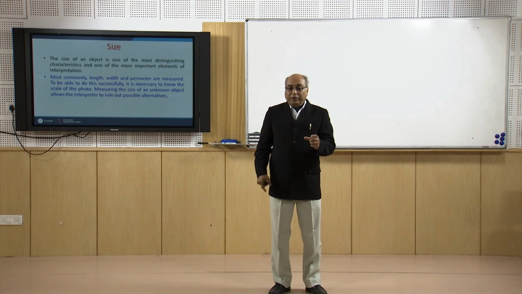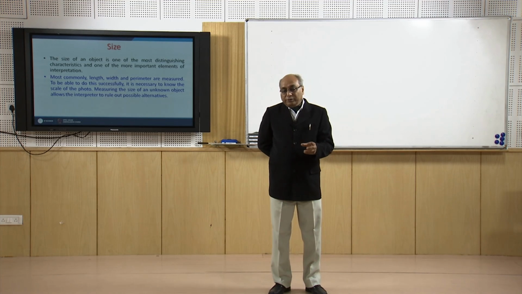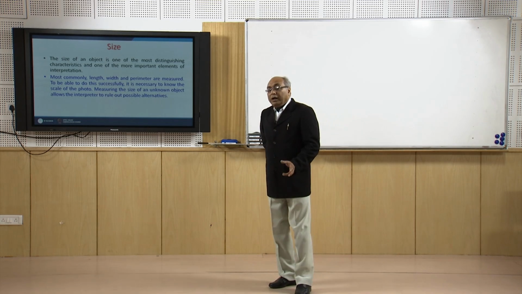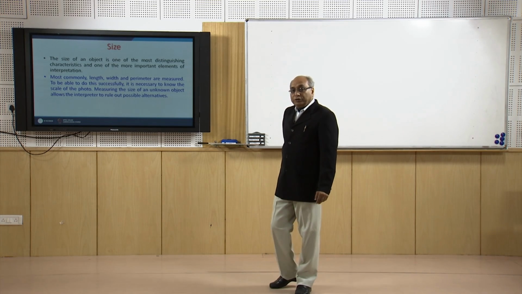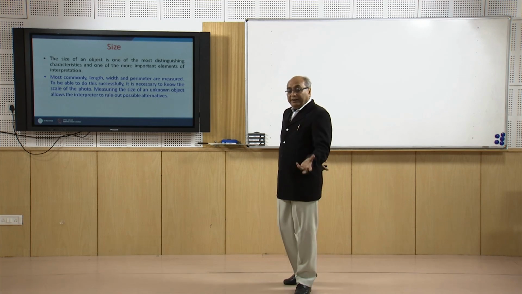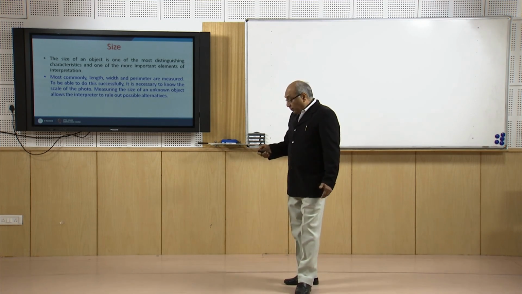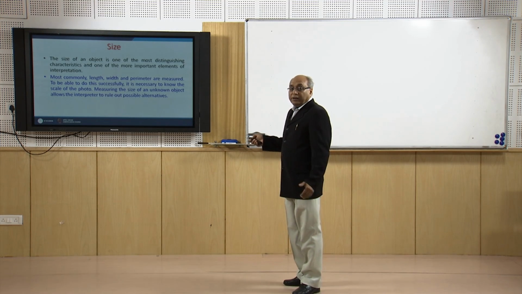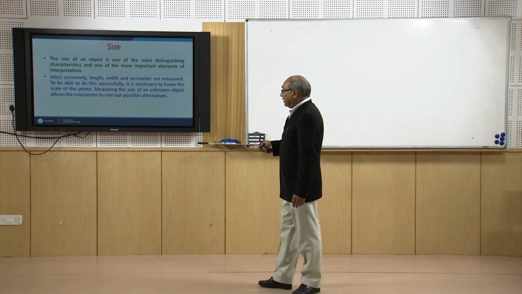If an object is very small and you have a satellite image with coarser spatial resolution like NOAA AVHRR, which has say 1 kilometer spatial resolution, then these objects will not be visible at all. Whereas if you go for a very high spatial resolution, say 2 meter or 30 centimeter, then all the details of these objects are present. So size really depends on the spatial resolution and the object itself.